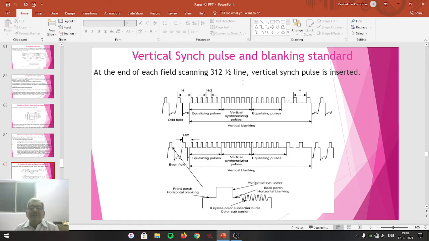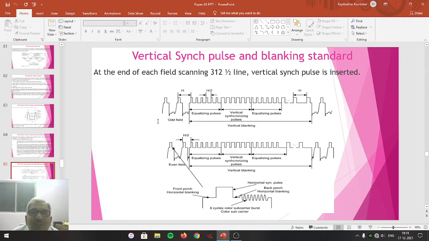And then after every half filled scan, the vertical retrace is initiated, and during that vertical retrace period, vertical sync pulse and vertical blanking pulses are introduced, which are represented in these particular pulse waveforms.